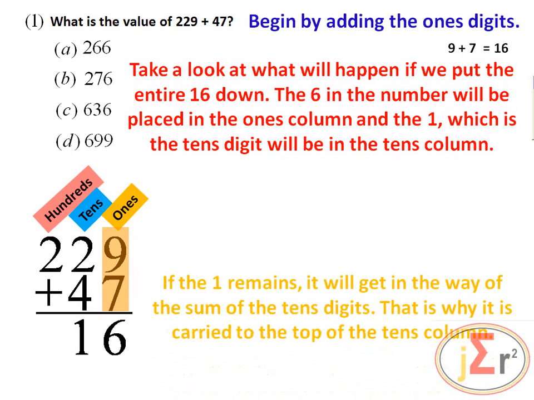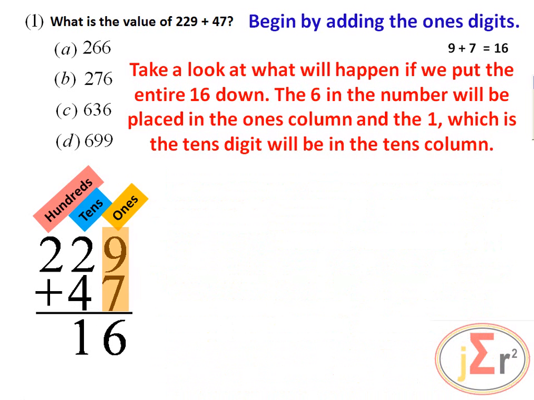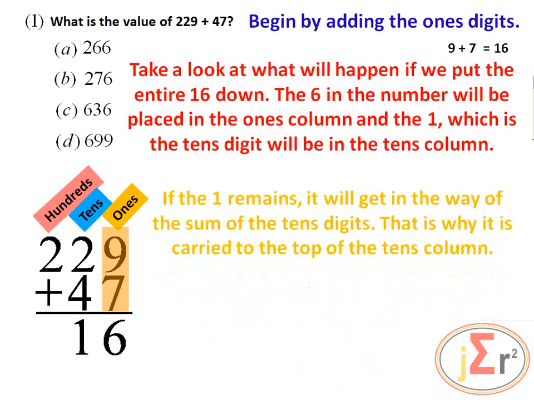So what do we do? Take a look at what will happen if we put the entire 16 down. The 6 in the number will be placed in the ones column, and the 1, which is the tens digit, will be in the tens column, like we have it right there.